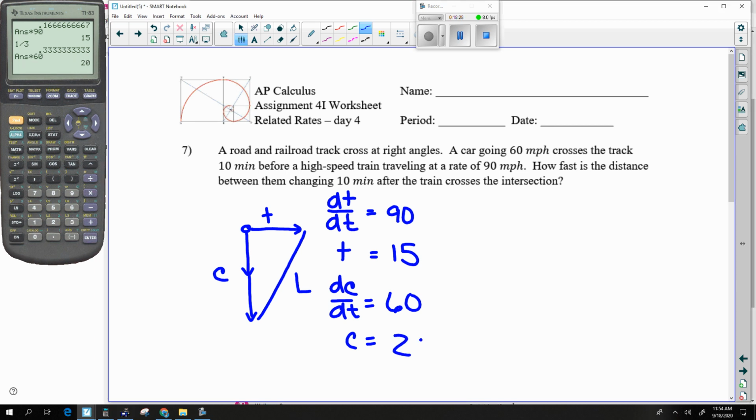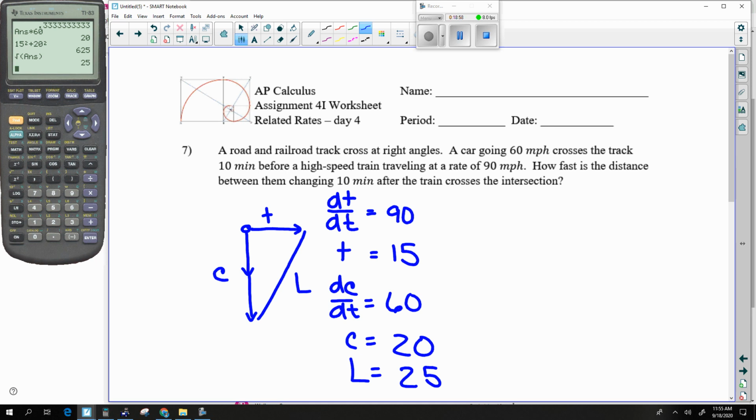That's 20 miles beyond the location. The instantaneous L at this moment? That would be the square root of 15 squared plus 20 squared, which is 25. Currently, there are 25 miles between them.